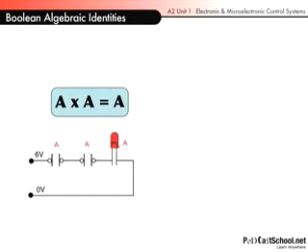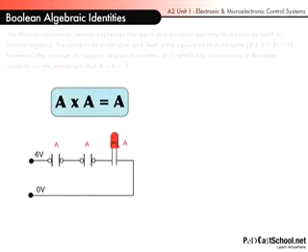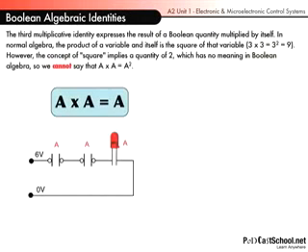Okay, now that's obviously different because you would think in regular algebra that it would be A squared, and that's what I've said there. But obviously we don't have A squared in Boolean algebra, so we just have A. If you just think of it in terms of the circuit, this stuff is easy. If you begin to get too bogged down in the identity itself, you can easily become confused.